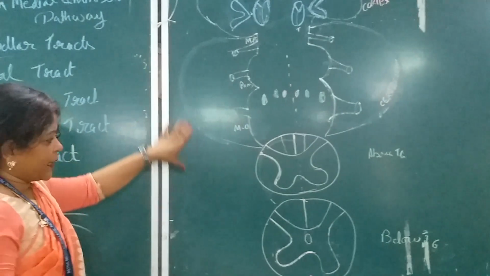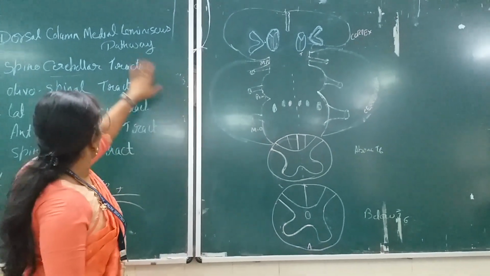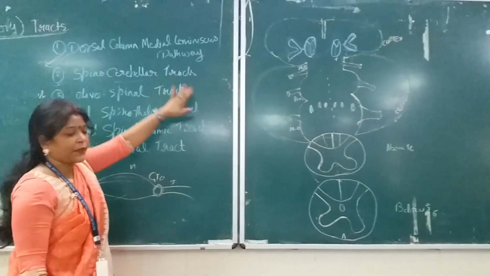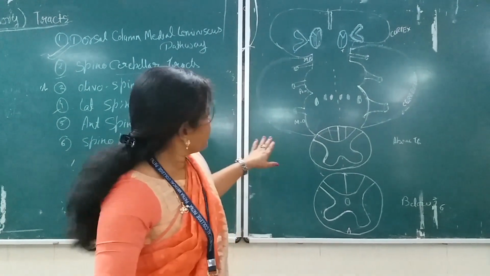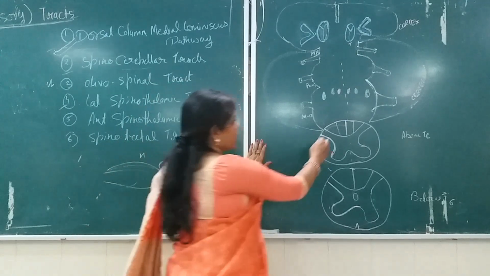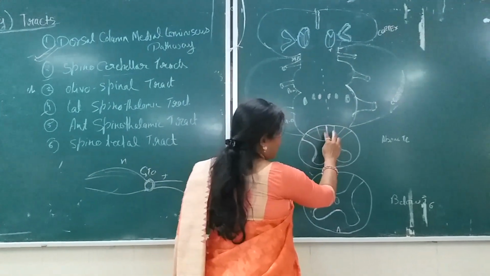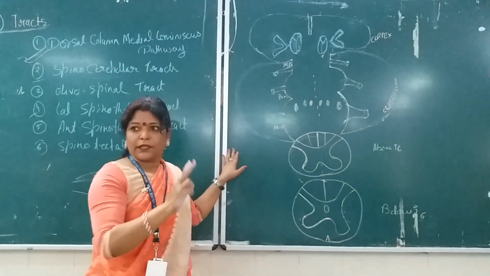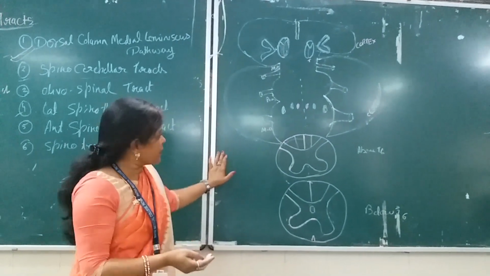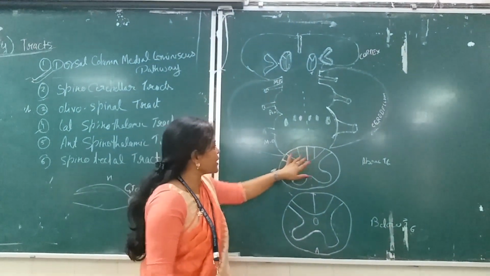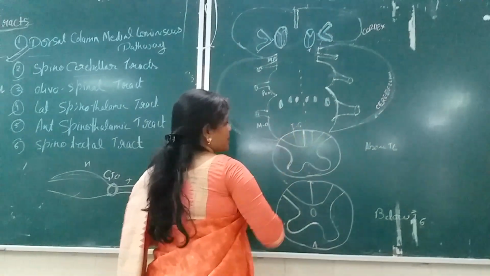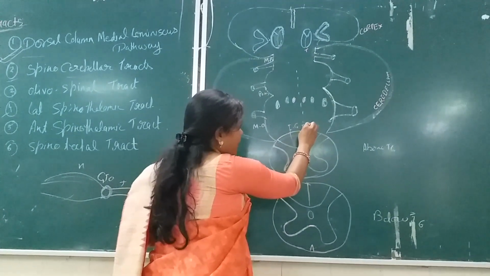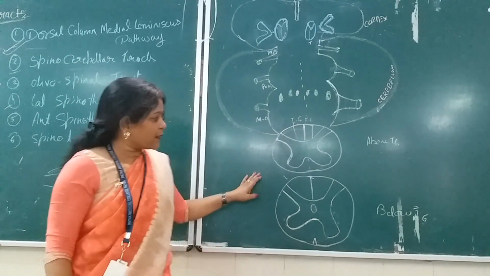This is a diagram for the pathways. So, dorsal column medial lemniscus pathway. In the previous class, we discussed that in the dorsal column there are two tracts. Medially, this is the fasciculus gracilis and laterally it is the fasciculus cuneatus, isn't it?